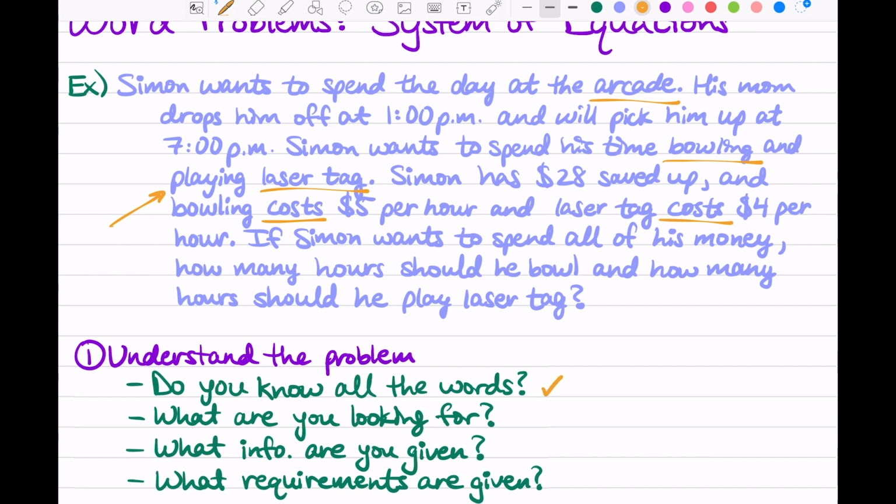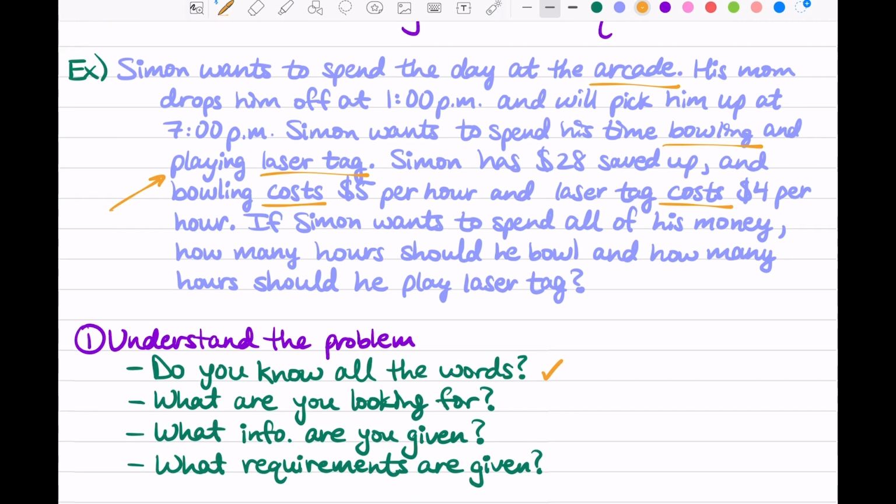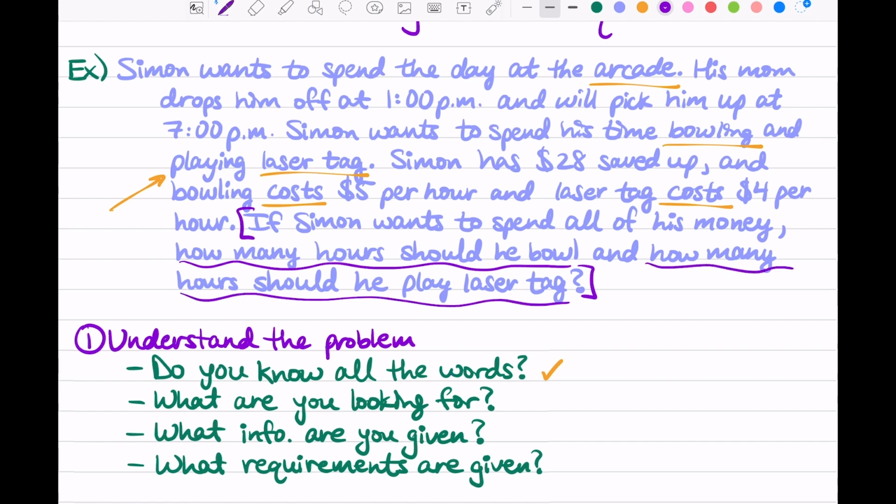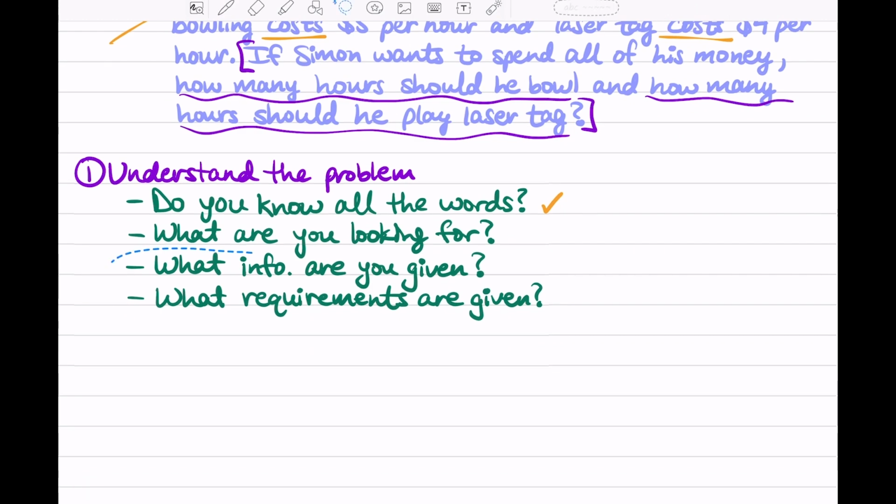Going to the next question, what are you looking for? Usually, you can find that in the last sentence. We see if Simon wants to spend all of his money, how many hours should he bowl? And how many hours should he play laser tag? So let's make a note of that.